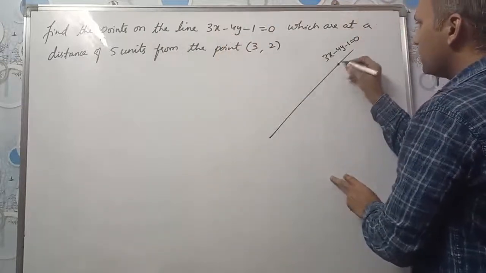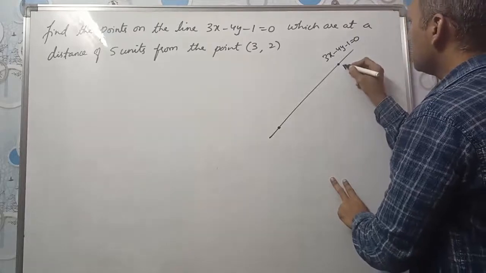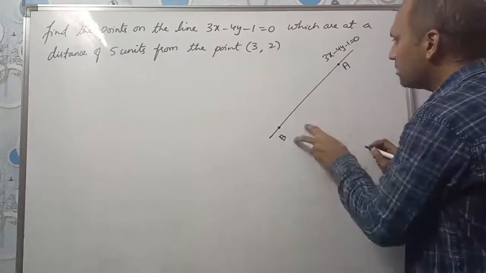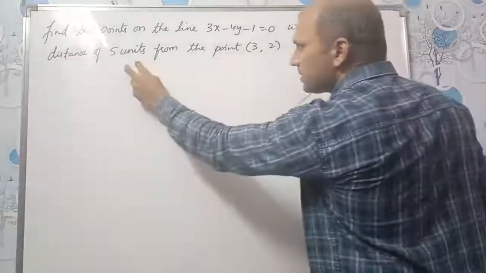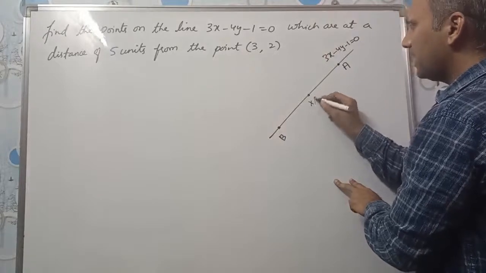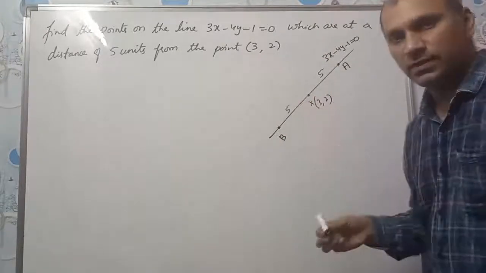Let us say one point is here and another point is here. Let us say this is some A and this is B. We need to find A and B. Okay. But these points are at a distance of 5 units from 3, 2. Okay. Let us say this is point X and this is 3, 2. This is 5 units and this is 5 units away.